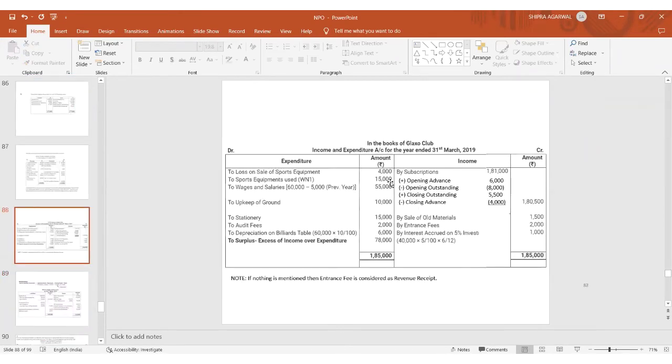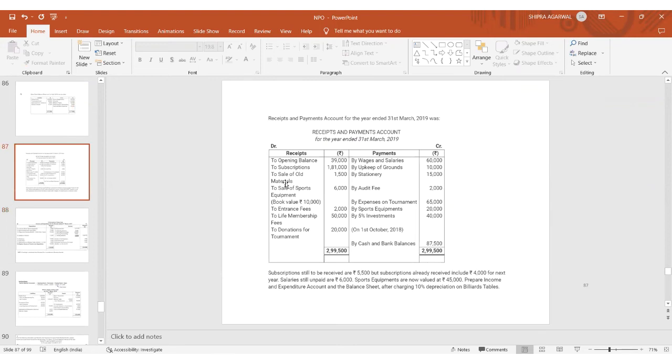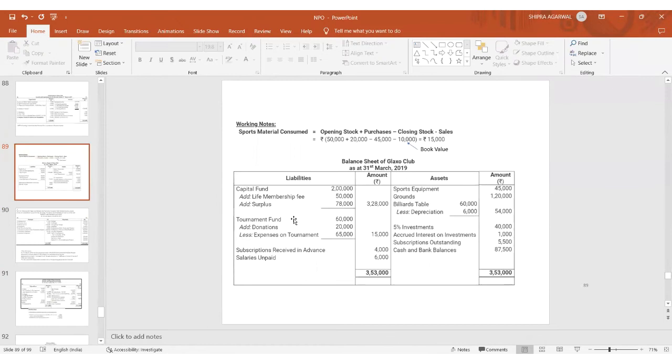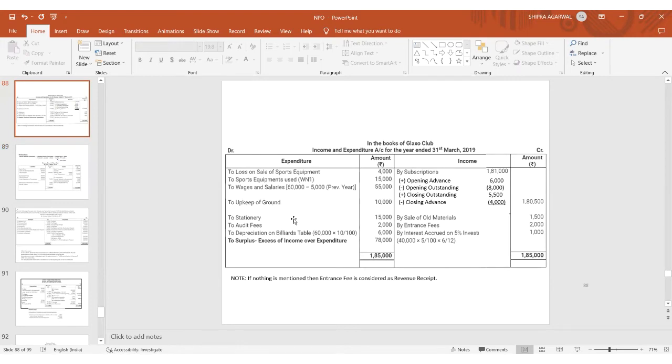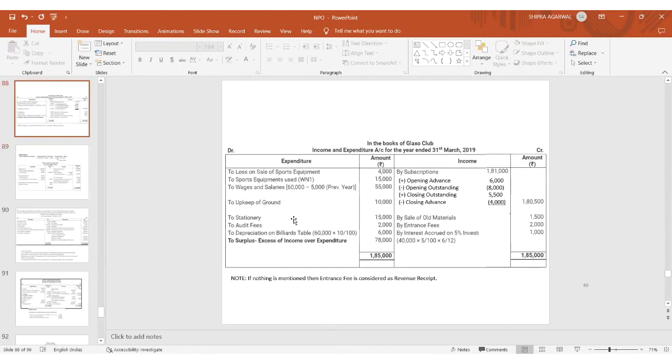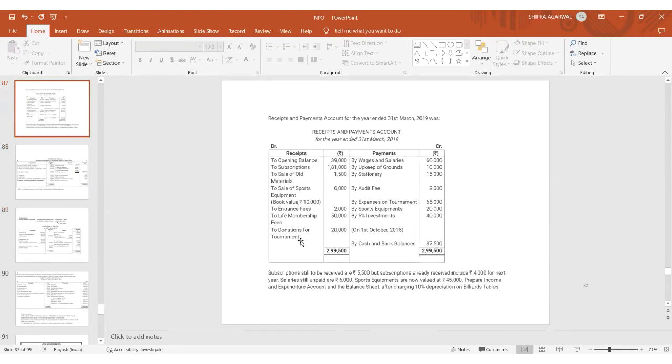Now, if I need to start with my income and expenditure account, first of all, you can just see, what all items we can take straightforward?